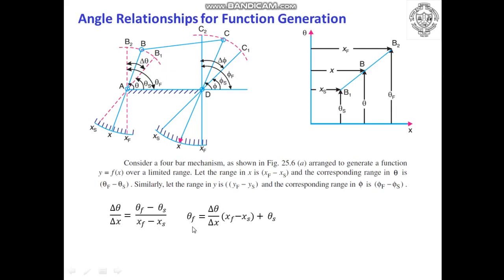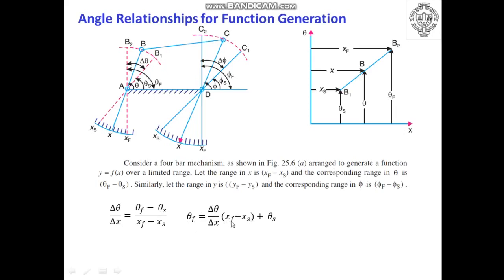So we get theta f is equal to del theta divided by del x into xf minus xs plus theta s.